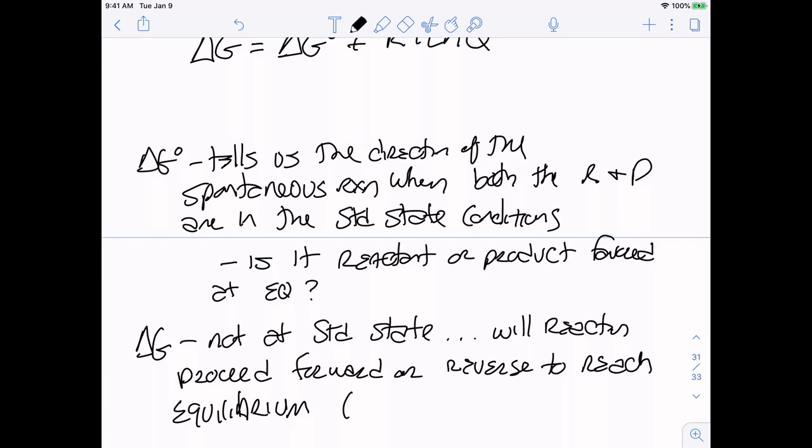It determines spontaneity. Remember, things want to get to equilibrium. So is it going spontaneous in the forward direction, or if it's non-spontaneous, it would go in the reverse direction to reach equilibrium.